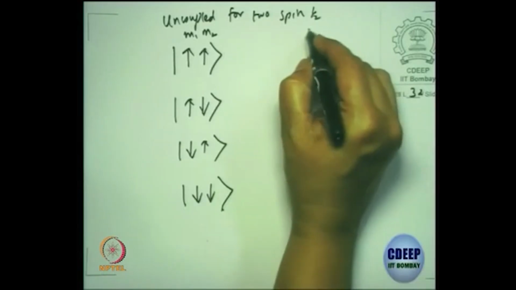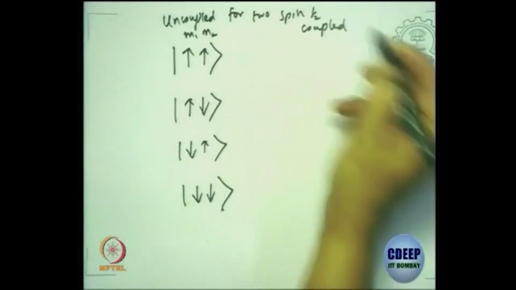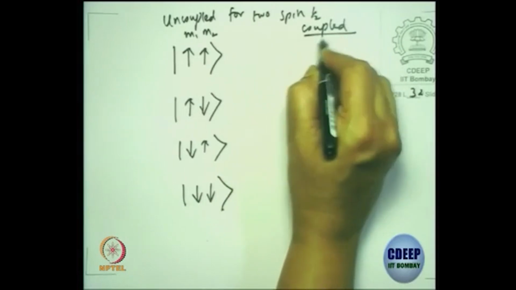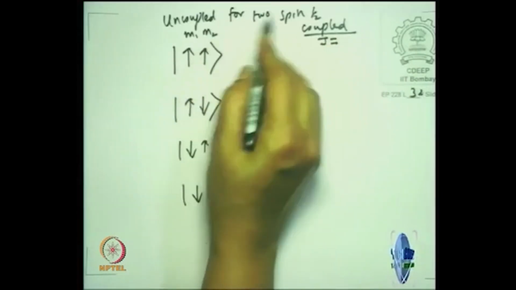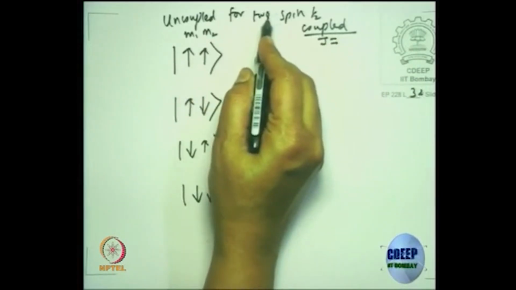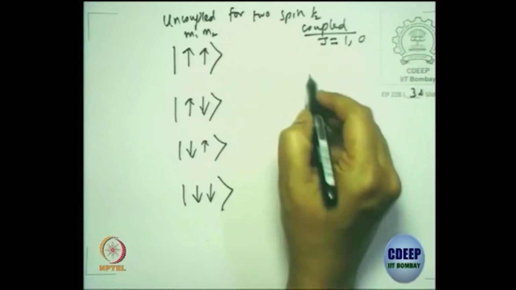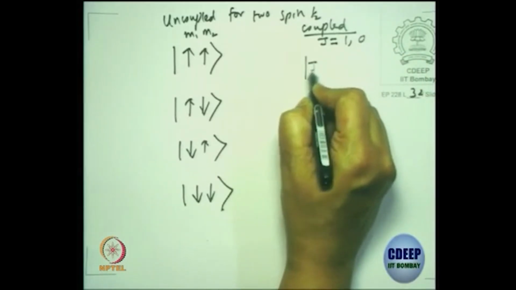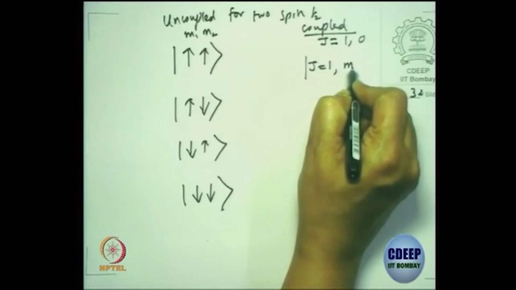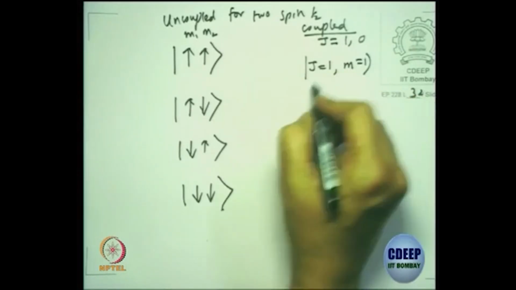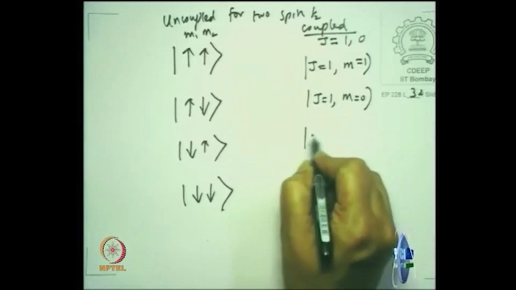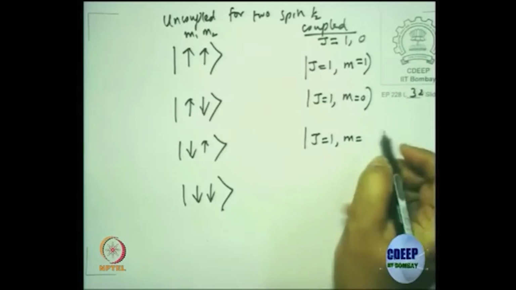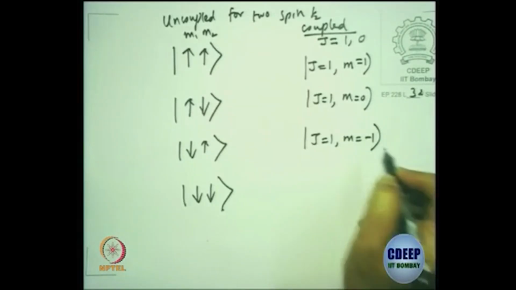What about coupled? Coupled, what are the possibilities of J? It is two spin half, so 1 and 0. So the coupled basis will be J equal to 1 and M equal to 1, J equal to 1, M equal to 0, J equal to 1, M equal to minus 1. Anything else?